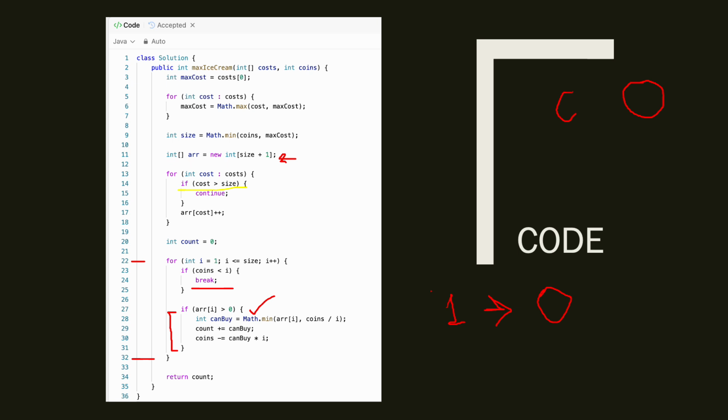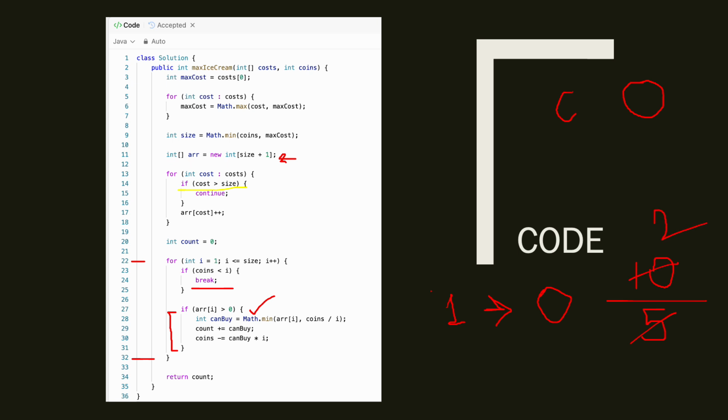Now what I do is, I will buy, then I can see how many elements I can buy. Now let's say I have 10 rupees, and the price of an ice cream is, let's say, 5 rupees. So how many ice creams can I buy? I can buy 2 ice creams, right?